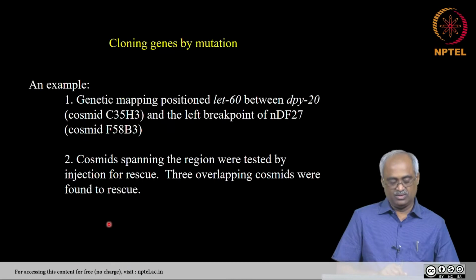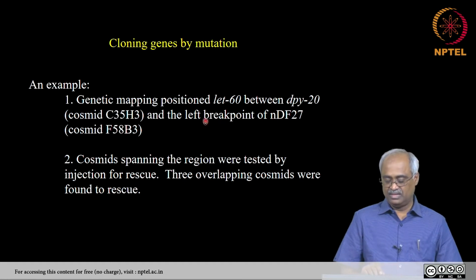Alright. So here we are sticking with what we discovered. Remember let60, the dominant one that we got. So the genetic mapping, the 2 factor, 3 factor, etc., put let60 between dumpy20 and a deficiency. So dumpy20 is a known marker, and its physical map is known, cosmid this number.